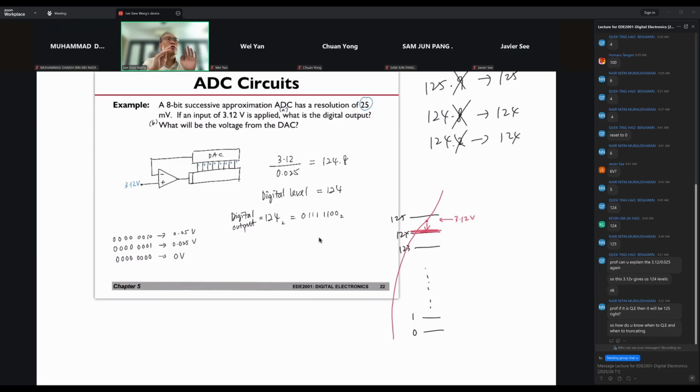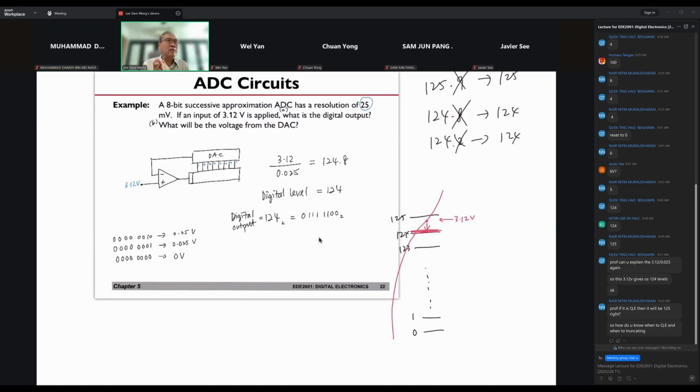So we don't calculate quantization error based on the circuit that we are talking about. We will just use plus minus resolution divided by 2. Understand? That is the theoretical way of calculating. I hope I explained this clearly. Take note, the quantization error is based on rounding off. When you round off, you can round up or round down. That is why it's plus minus resolution divided by 2.